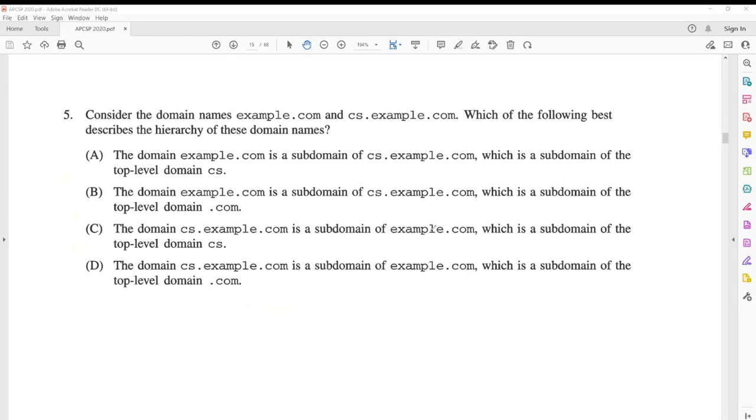If you still don't get it, you go to the top level. You go to the 13 root servers worldwide, and that would point to .com, and .com will go to the top level domain server, and then you go to the authoritative server level by level. So the answer is D.